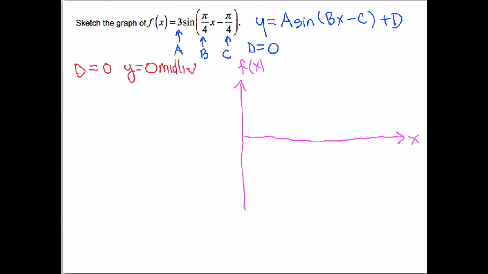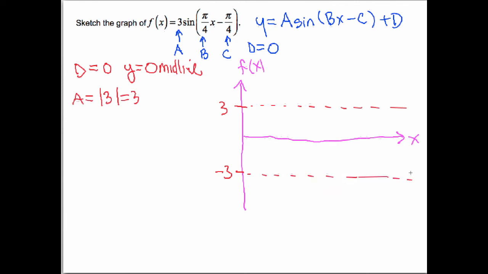And I'll couple that with the thought that the amplitude is the absolute value of 3, which is 3. So my midline is y equals 0. I'll go up 3 units and down 3 units, and I'll start to put in the bounds of this sine function that I'm going to sketch, and I'm going to just sketch one period of it.